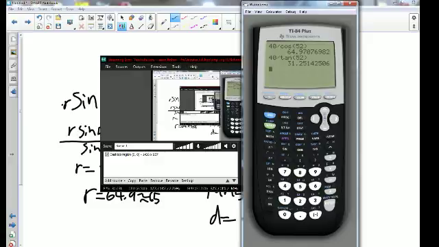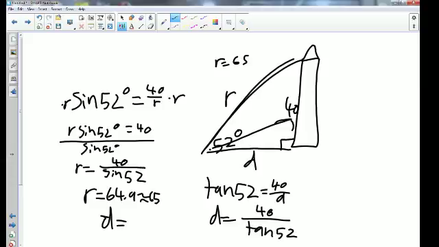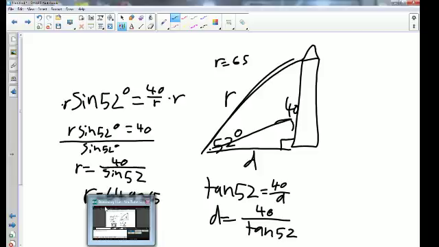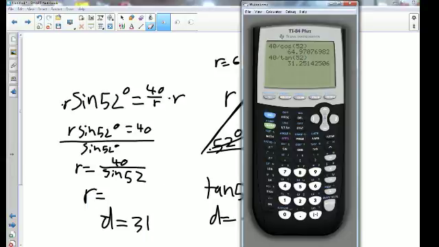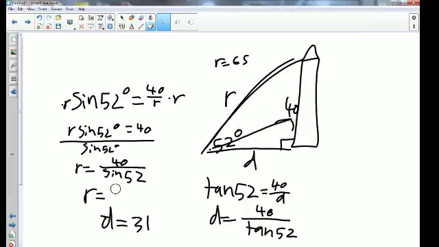So D equals about 31, and this is not 64 because I plugged in cosine and the sine function. So we'll do that real quick again. It was 40 divided by sine of 52, and it's 50.7, which is about 51.